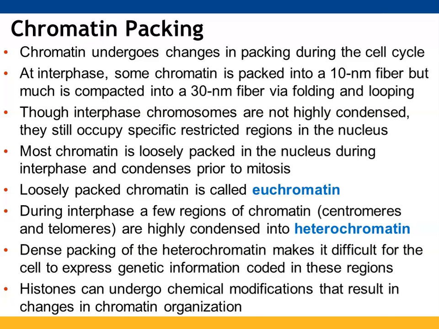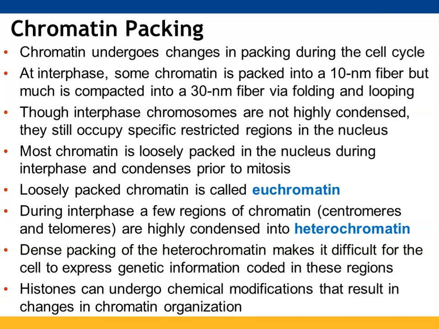It does become more loosely packed during interphase and then condenses prior to mitosis. When it is loosely packed, it is known as euchromatin. When it is highly condensed, when the chromatin and the centromeres and the telomeres are highly condensed, you have heterochromatin.